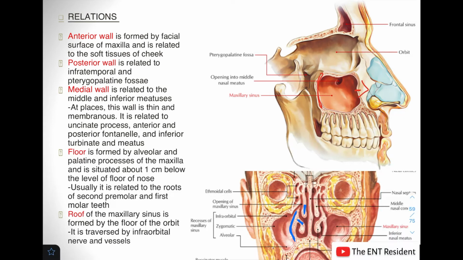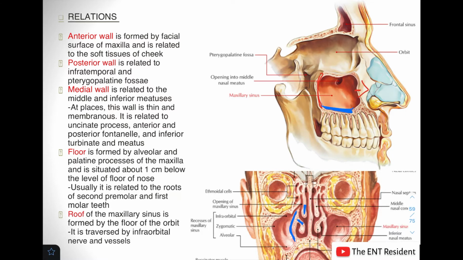Next comes the floor of the maxillary sinus. So this is the floor of the maxillary sinus. It is formed by the alveolar and the palatine processes of the maxilla, and it is situated 1 centimeter below the level of the floor of the nose. Usually it is related to the roots of the second premolar and the first molar teeth, as you can see right over here.